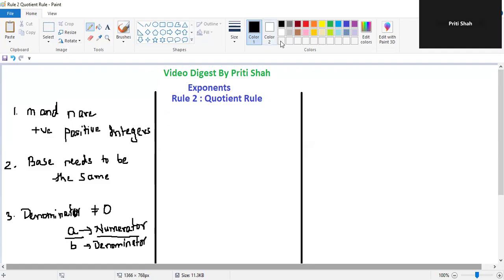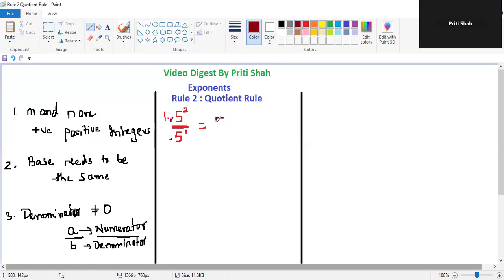Okay, so let's get started with an example. What does the rule say? Suppose we have the number 5 raised to 2 divided by 5 raised to 1. As you can see, the quotient rule says there has to be a division sign, because it is for the quotient. Here, the base is the same, 5 and 5.